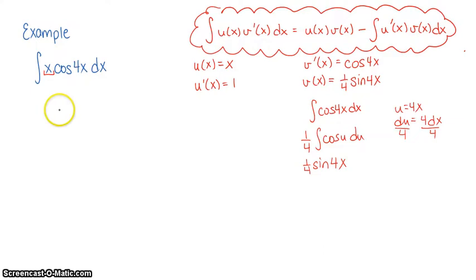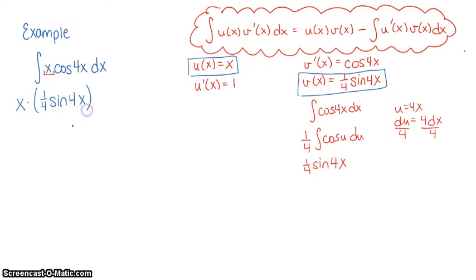So if we actually look at writing this all out then, the integral of this function is going to be u times v, so it's going to be x, our u of x, times our v, which we just figured out, minus your integral of u prime, which is 1.